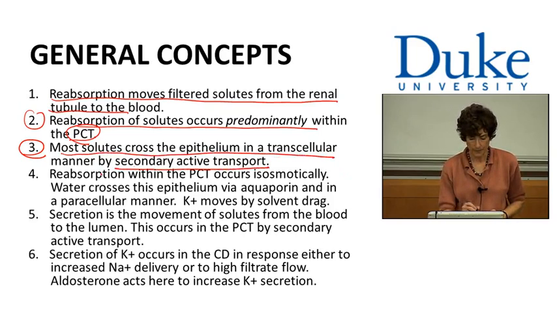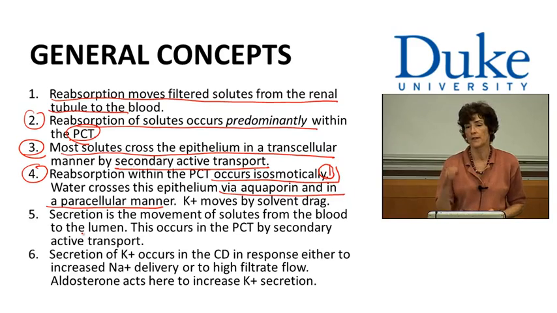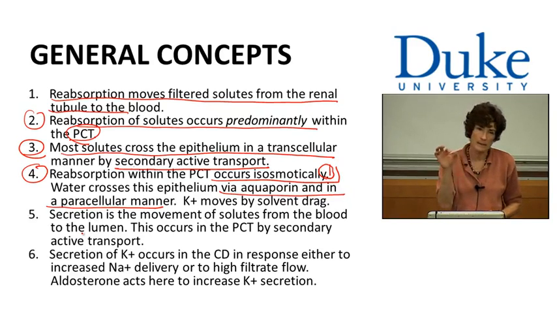Four, reabsorption within the proximal convoluted tubule occurs isoosmotically, and the water crosses the epithelium via the aquaporin channels, which are inserted within the luminal region of the cells. And water can also cross in a paracellular manner, that is, between the cells across those leaky tight junctions.